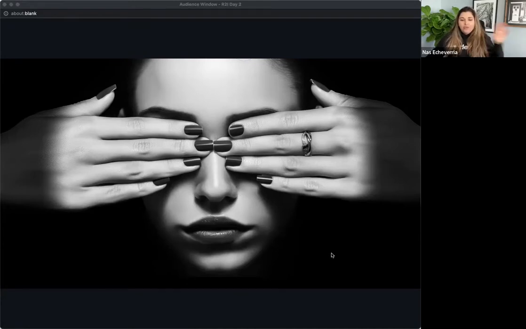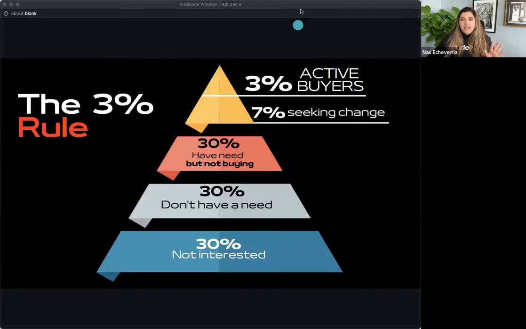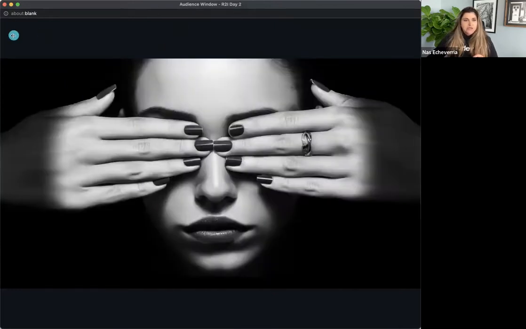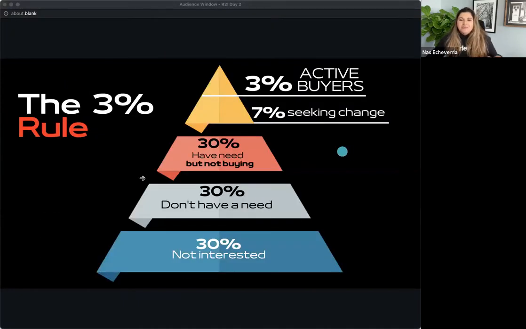Now, again, the problem is most business owners are making it increasingly difficult for the right people, premium clients, to actually say yes. So yesterday I shared this graphic with you all about the 3% rule, and I'm bringing this in again because knowing that we are speaking to premium clients, we do not want to inundate our people with more information, okay?